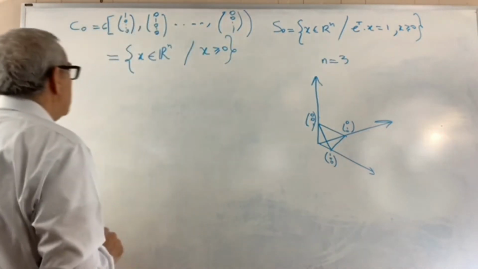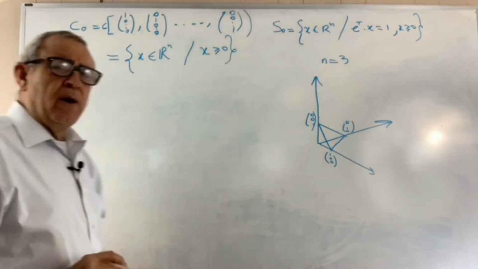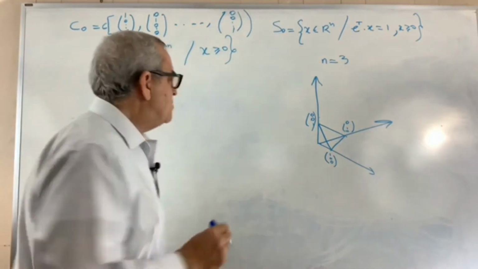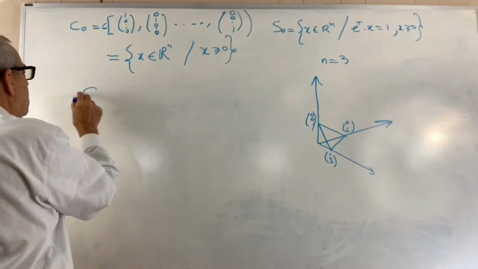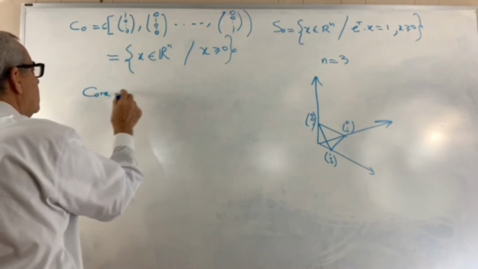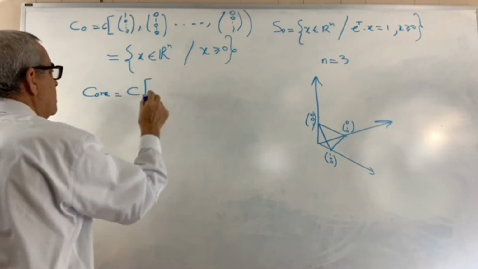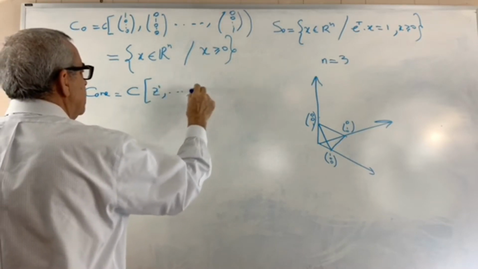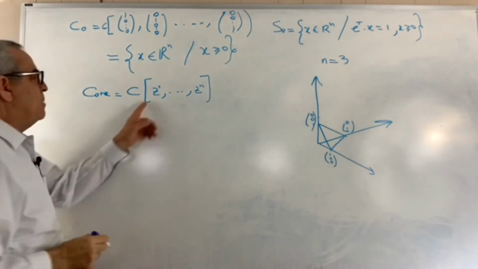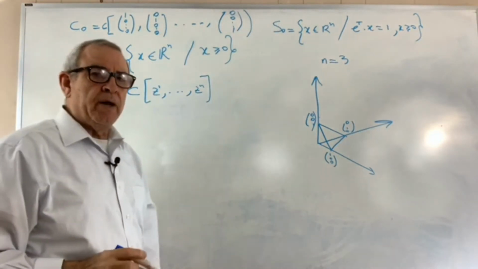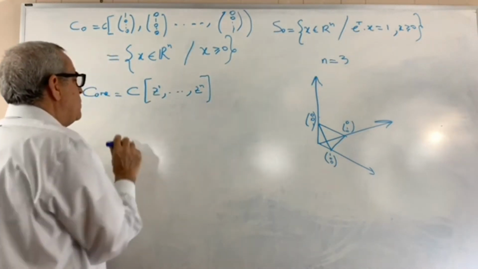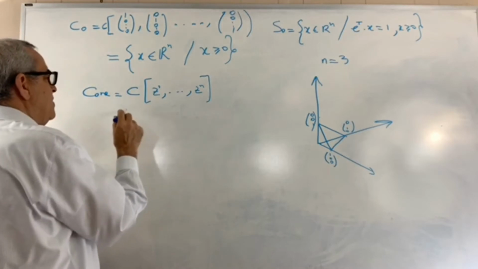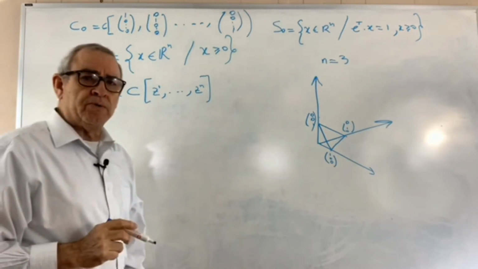Now, throughout these sections, we're going to define a cone with the notation C of Z1, ..., Zn, a cone defined by n vectors in Rn. When we do this, we assume that this is an n-dimensional cone in Rn.